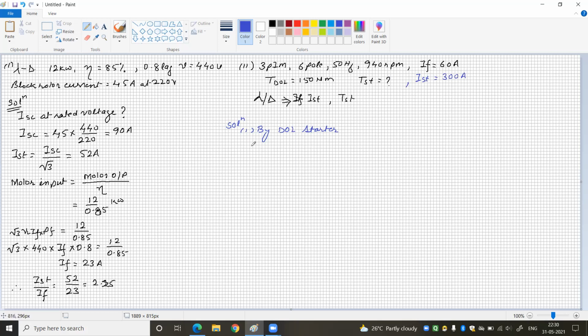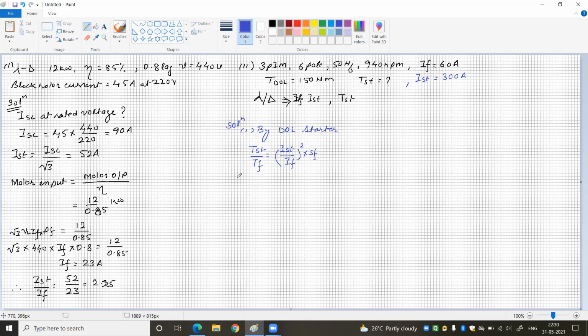Okay. Now we know that starting torque upon full load torque is equal to (starting current divided by full load current) whole square into full load slip.